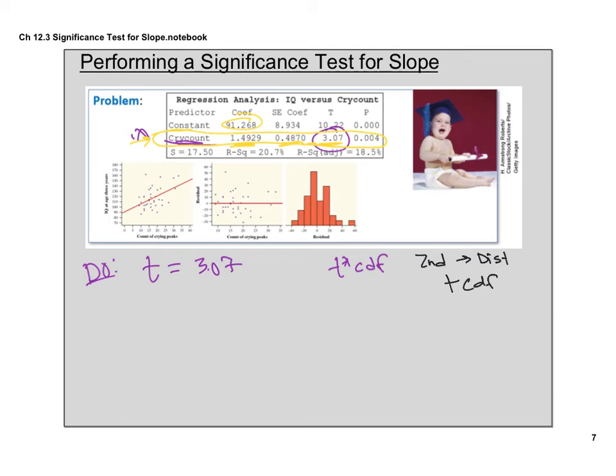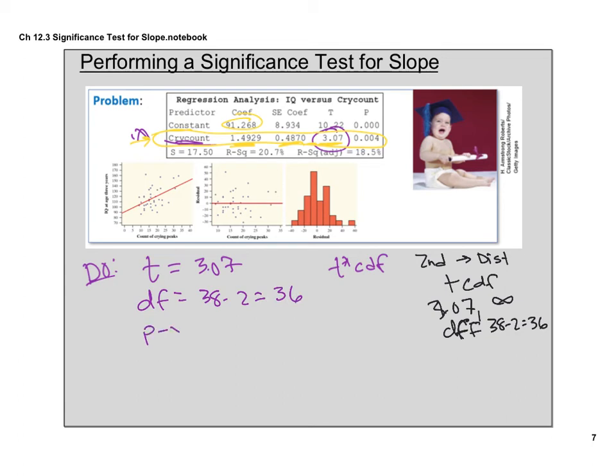So the lower limit is 3.07 up to positive infinity. Degrees of freedom is that 38 minus 2, which is 36. That's probably another thing that I'd list here, the degrees of freedom. So your degrees of freedom is 38 minus 2 equaling 36.